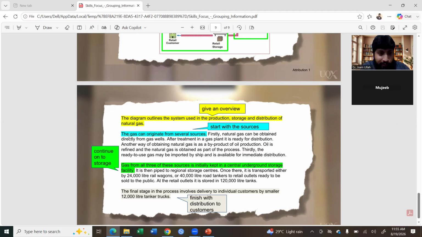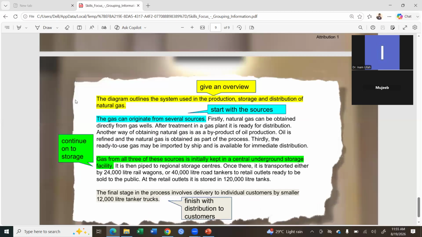Now, could you please read the second paragraph? The gas can originate from several sources. Firstly, natural gas can be obtained directly from a gas well, after treatment in a gas plant, it is ready for distribution. Secondly, it can be a product of oil production. Oil is refined and the natural gas is obtained as part of the process.